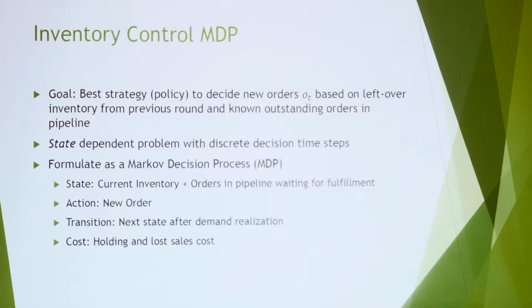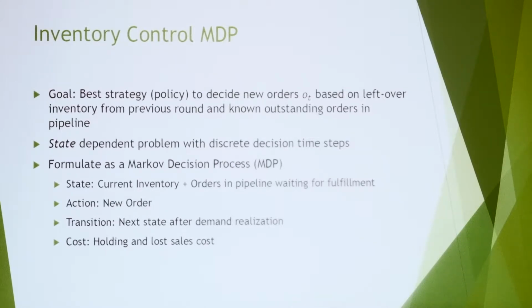So if we formulate this as an MDP, we can say the state is the current inventory level plus all of the orders in your pipeline that are waiting for fulfillment. The action is the order that the inventory manager decides to take, so how many units of the product they decide to order. The state transition is what happens after the demand comes in, what happens when you update your pipeline of orders, and what happens when the order from L time steps ago comes in.